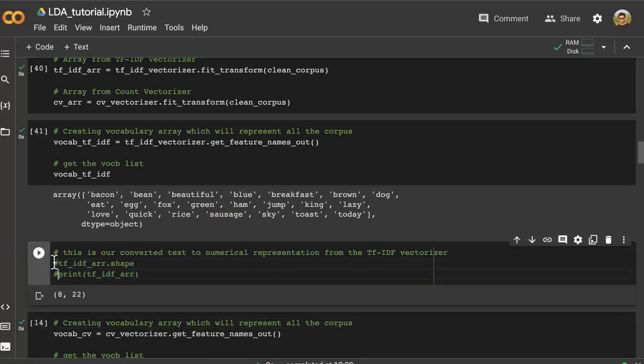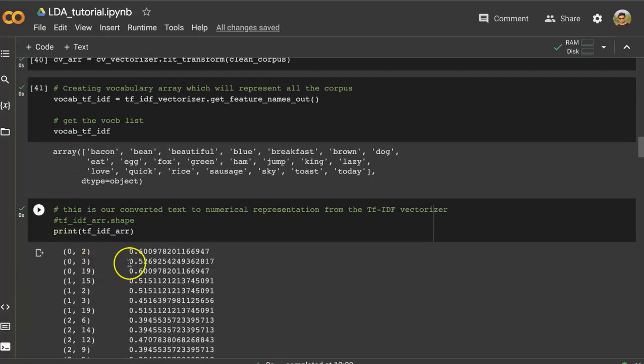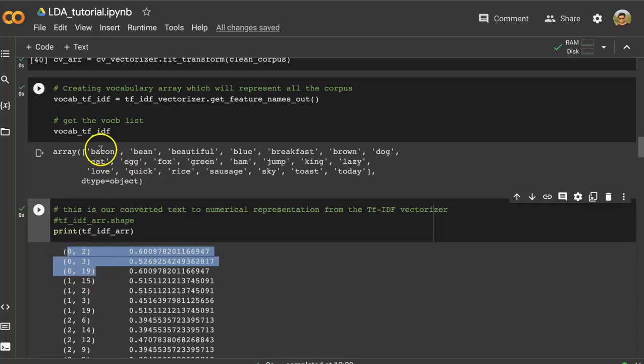If you print it, you can see. When I am printing, it is not showing the actual 22 dimensions for each of these words. But suppose for document 0, there are only 3 words: 2, 3, 19. What are these? These are the indices for the features. If you count 0, 1, 2, 3, this is 2, 3, beautiful and blue, and maybe 19 will be sky, because there are 22 words.